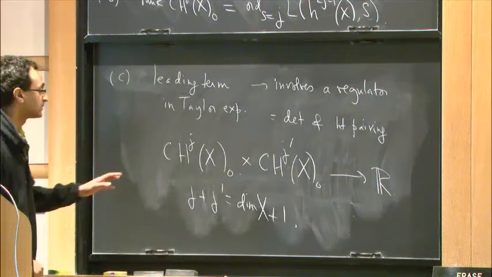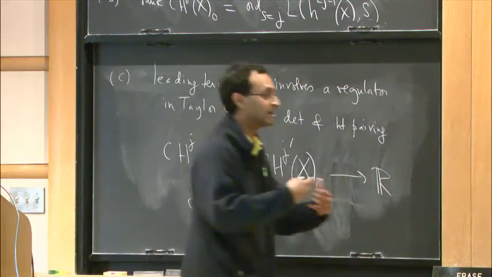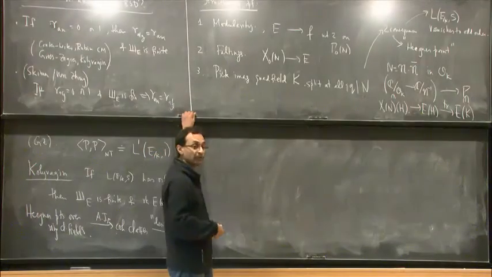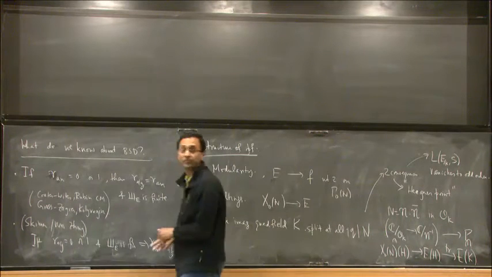Okay? So this will come up later in the talk, which is why I'm emphasizing this: if you're away from the middle, then you really need cycles in different codimensions for this height pairing to make sense.